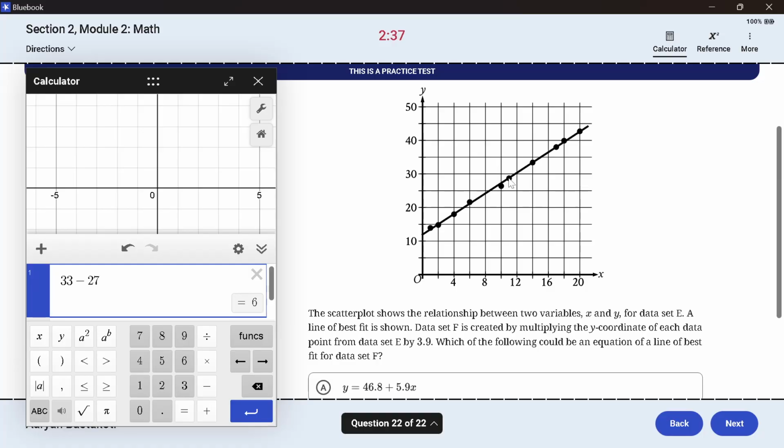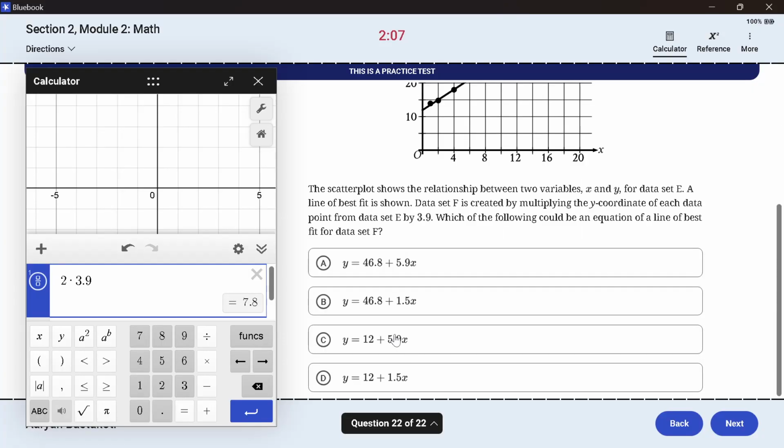So 33 minus 27 upon this point, which is 14, minus this point, which is around 10, 11, right? So the slope is around 2, and if we multiply 2 by 3.9, we get 7.8.